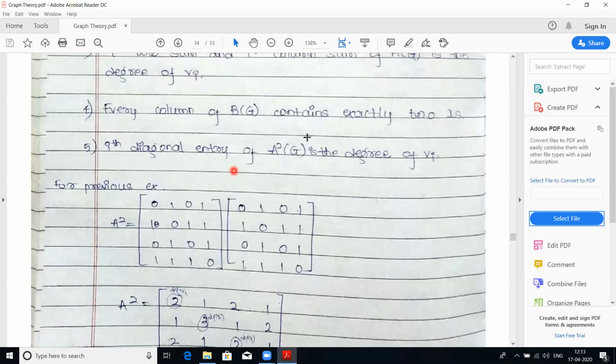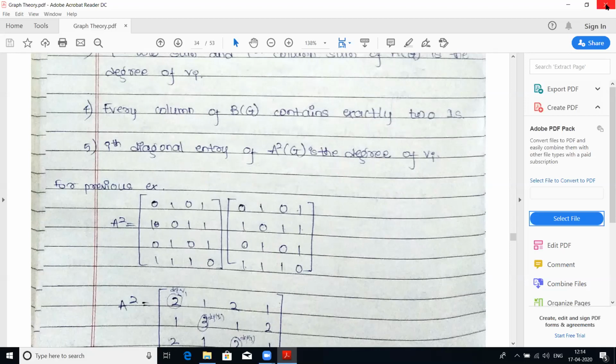Next, the ith diagonal entry of A square is the degree of Vi. We have taken the ith row sum, or ith column sum, as the degree of Vi. Similarly, if you calculate A square, the ith diagonal entry of A square of G is the degree.